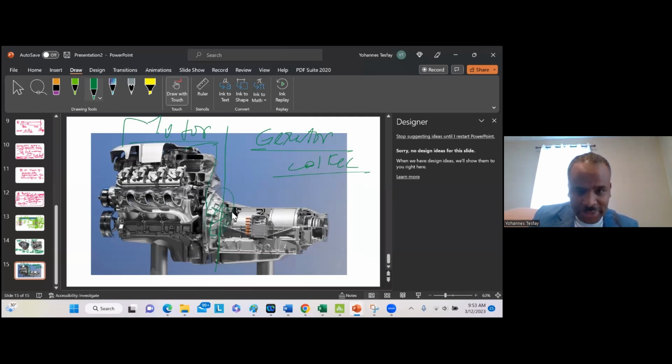This is a connector. So from that, electric energy is produced, and this electric energy goes to the store. Then from that store, again, it moves to assist the crankshaft.